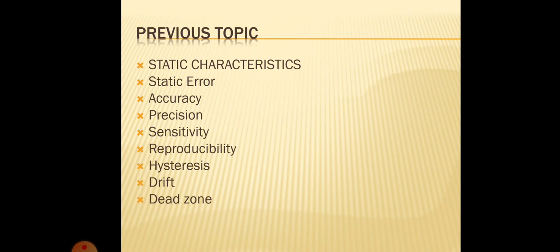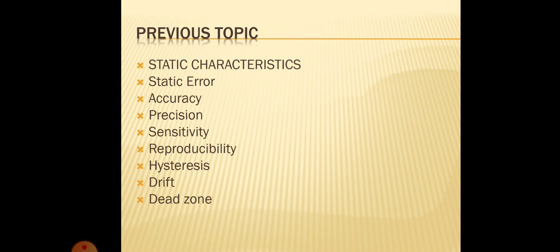From all these static characteristics, some are desirable and some are undesirable characteristics of a measuring instrument. Now, what is desirable and undesirable? The characteristics which are good for that measuring instrument are called desirable, means which give the positive response for that instrument.